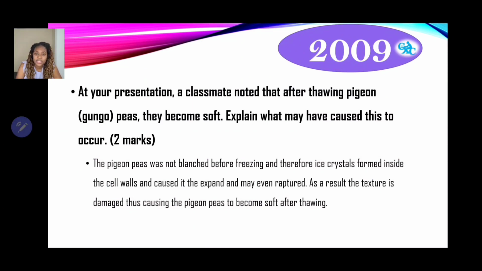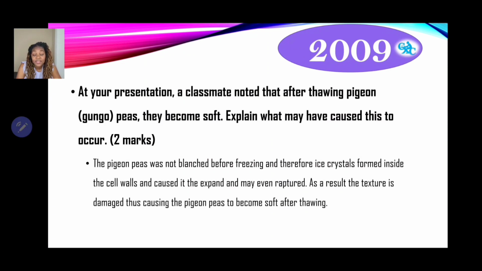Now, think about it. Have you ever placed any vegetable inside your refrigerator at home because you have a surplus, because you want to preserve it, but you didn't blanch it? What do you notice after thawing? After thawing, they become soft and soggy because ice crystals form within the cells and they expand until they burst.